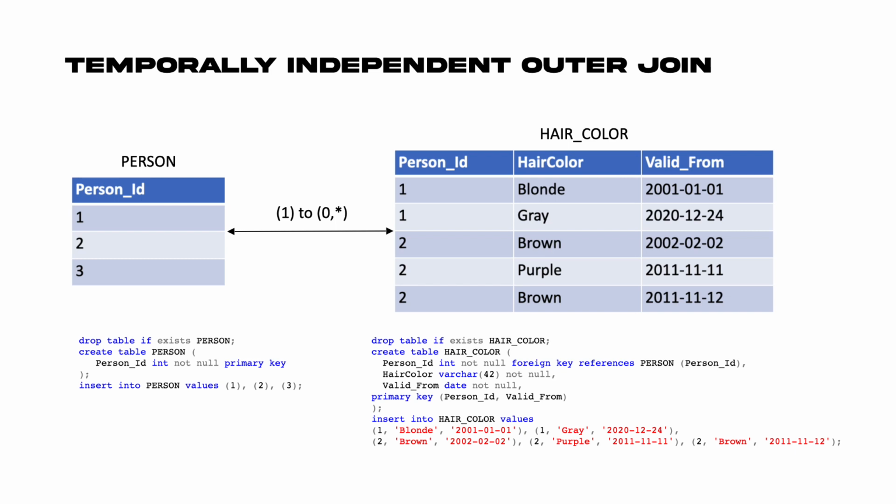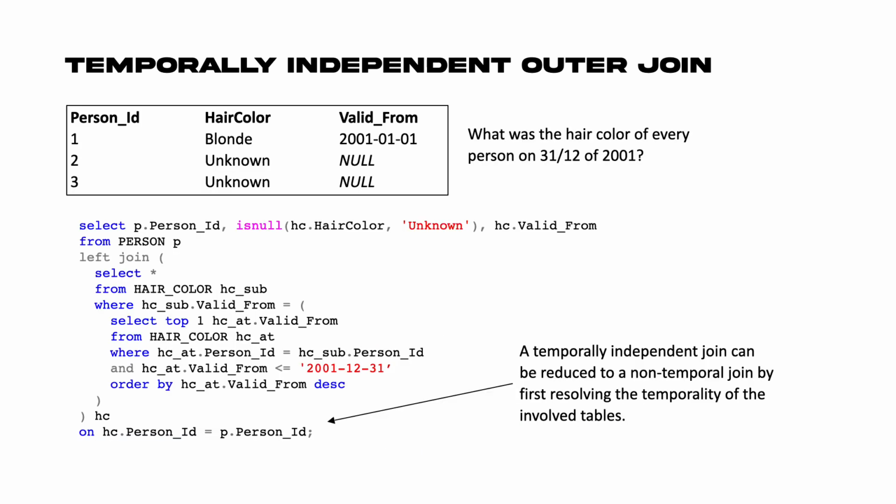So the date that we're asking for is actually before this first date, which means that we do not actually know what the hair color was at that point in time either. So that's why it's a null value for person number 2. And person number 3 didn't even exist in this table.